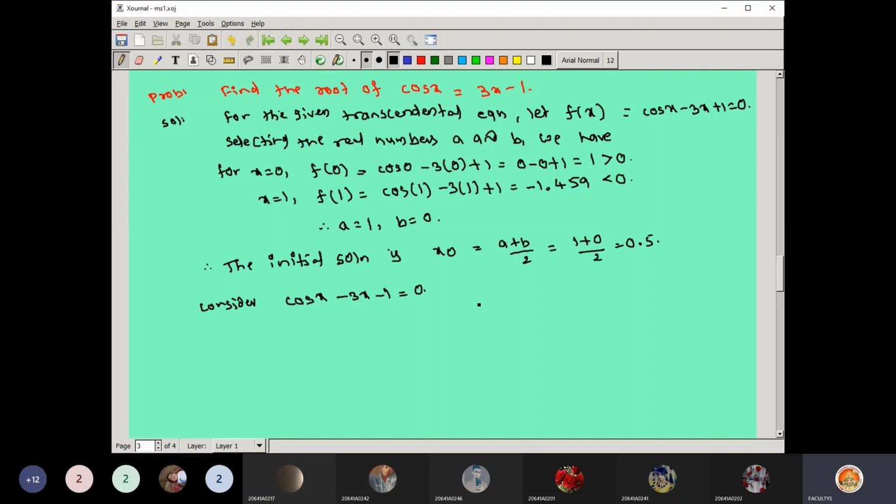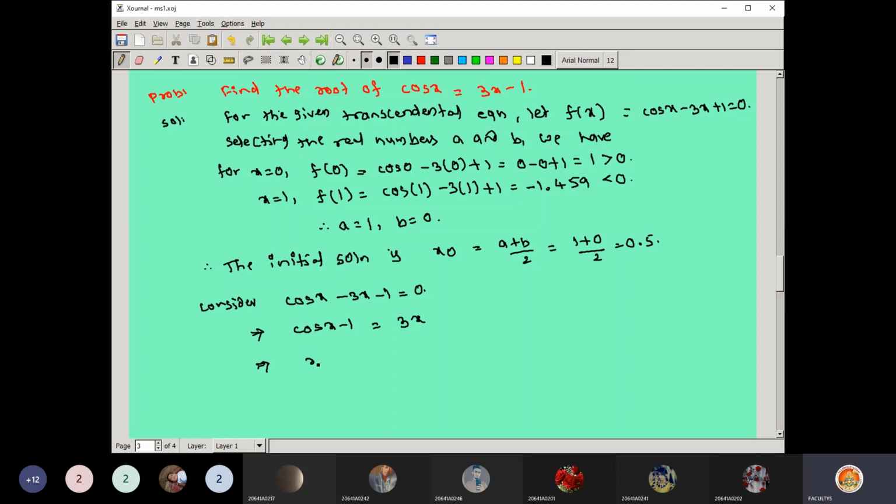But if it is a transcendental equation involving special functions, don't select the special function. Only focus on the other terms which are not involving the special function. So what are the other terms? Just write down the other terms. Cos x minus 1 I am keeping on the left hand side, the other term you take to the right side. So only focus on terms other than the special functions.